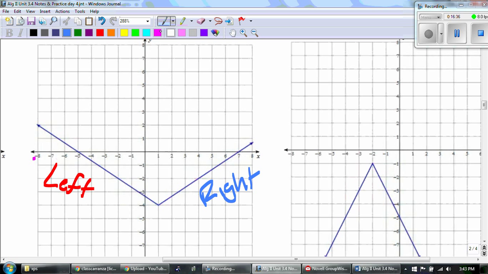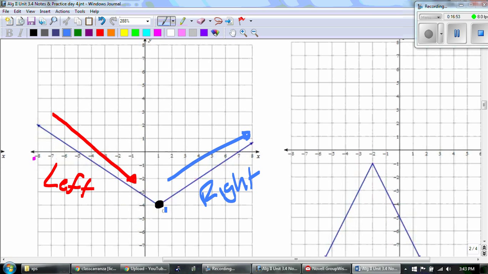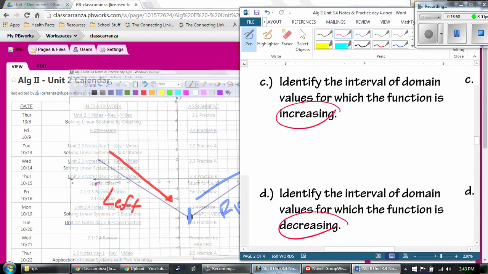Okay? Here's our vertex. So on the left side, we are going down, and on the right side, we're going up. So the side that I'm increasing is my right side, and that's from 1 to positive infinity.